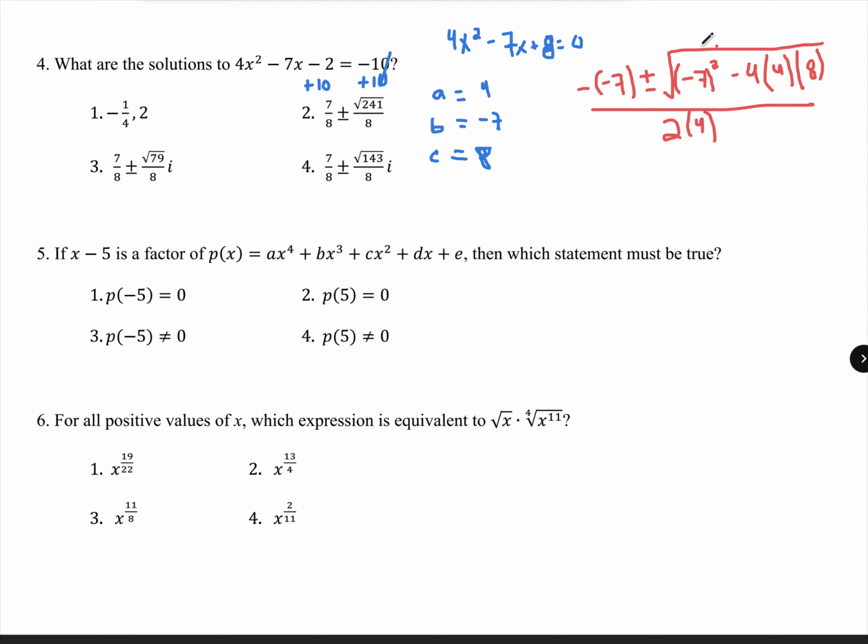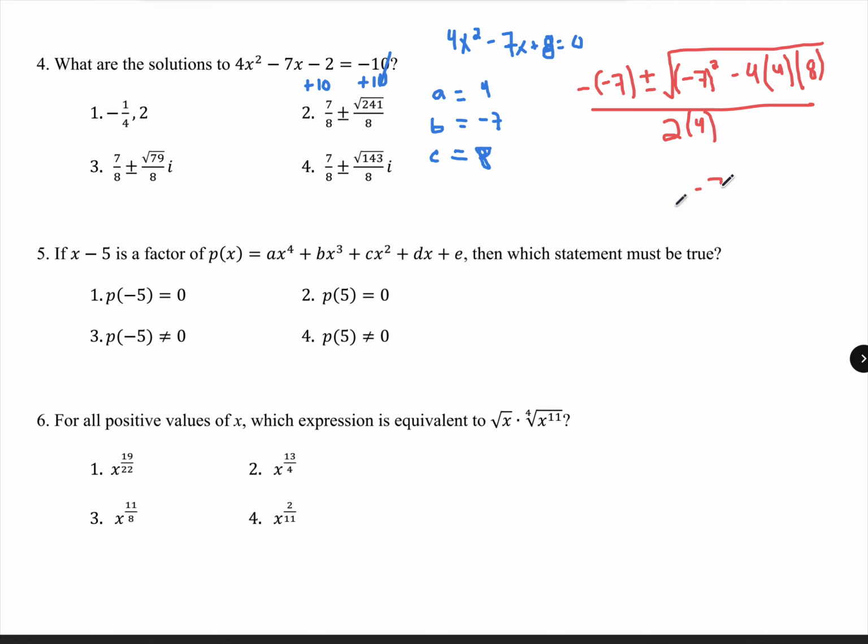Inside here, if I put what's underneath my square root just like this in my calculator with all of the parentheses, I will get the right answer every single time. So I'm going to say negative parentheses, -7, close parentheses, squared, minus 4 in parentheses, 4 in another parentheses, 8, I get -79, right?